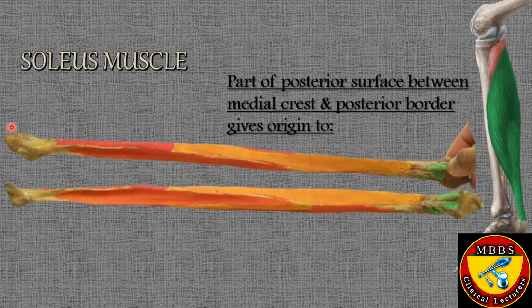Because it is lined with the styloid process superiorly, and inferiorly this is the medial border of the posterior surface of the lateral malleolus, which is grooved. So this is the posterior border. And why did I say this is posterior? Because the upper half of this surface is bisected by this medial crest.